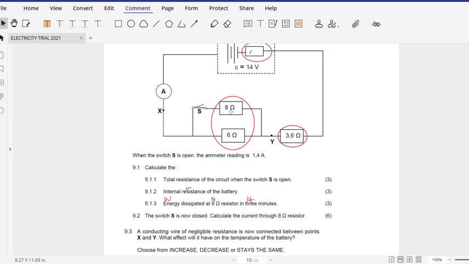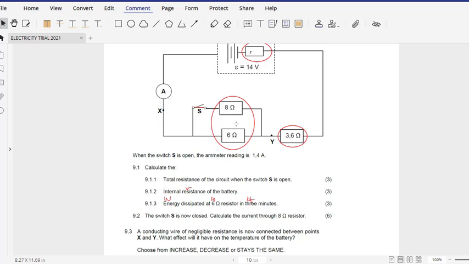What it means is that the route of low resistance will take eight portions of the total current, and the route of high resistance, which is this one, will take 6 portions of the total current. To get the current through the 8 ohms, that is going to be a lower current.